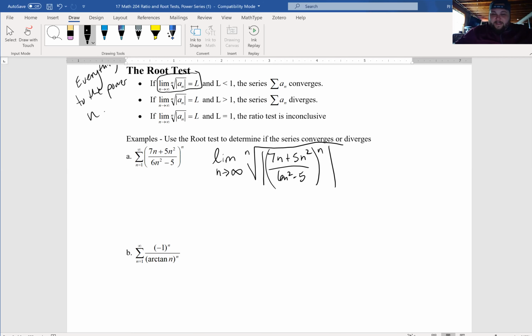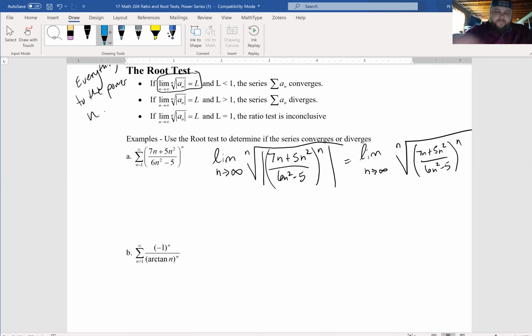So I can get rid of that absolute value right off the bat, just from that argument. And now I have the nth root of all this stuff, and that allows me to go ahead and get rid of the root and the power.